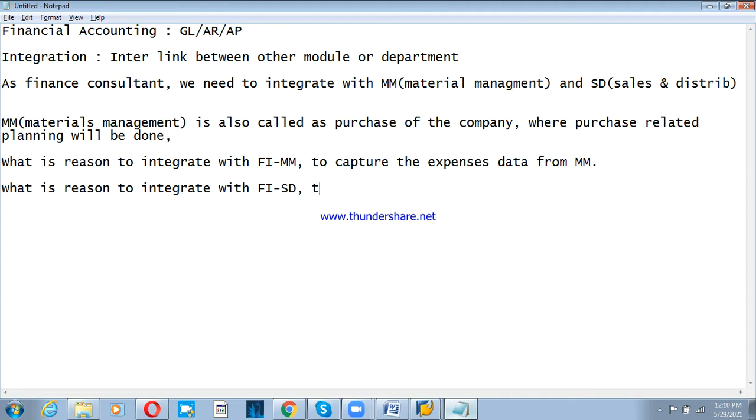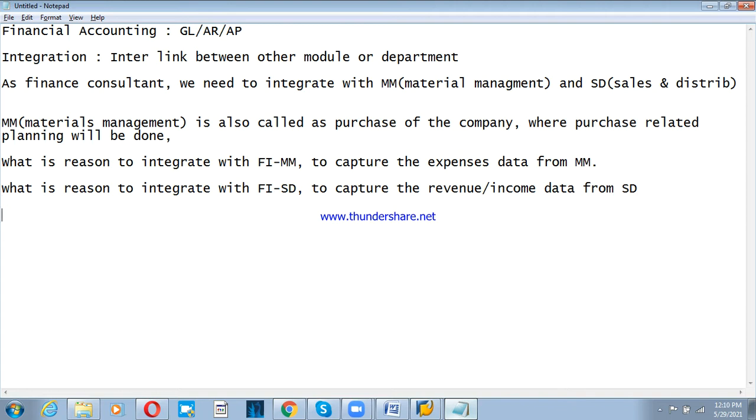To capture the revenue or income data from SD. Usually the sales department or SD department sells the product on behalf of the company, right? Whenever we sell the goods, that is treated as revenue. As a finance consultant, we need to collect all this data.